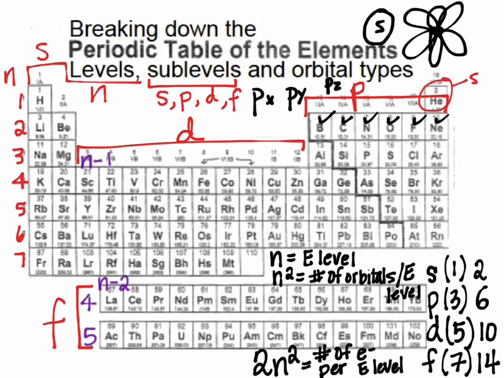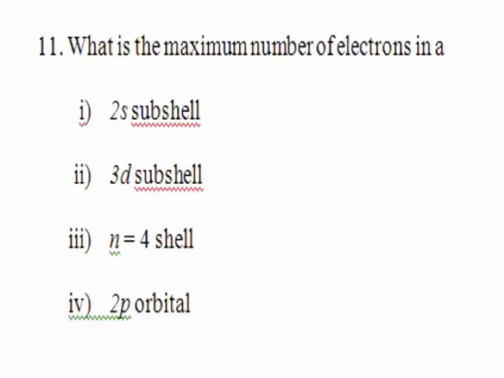Sublevels and orbital types, they're the same. Okay, what's the maximum number of electrons in the 2s subshell? 2.